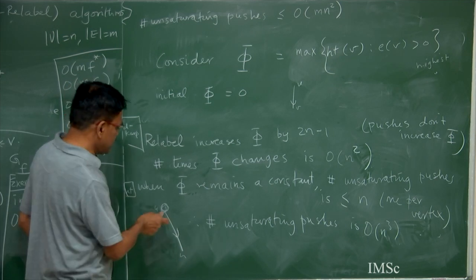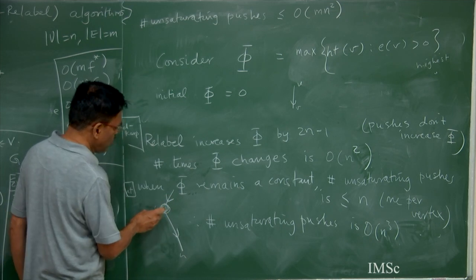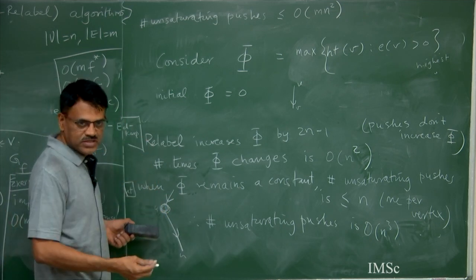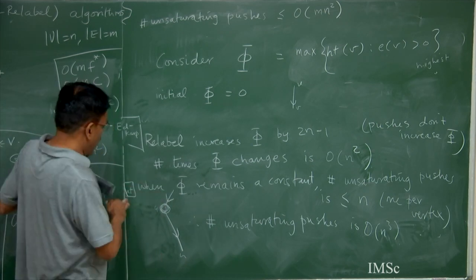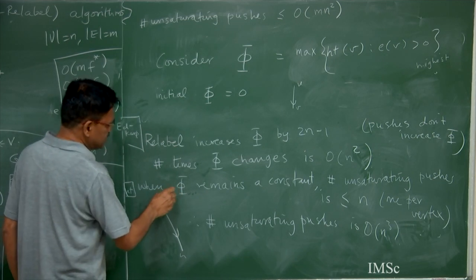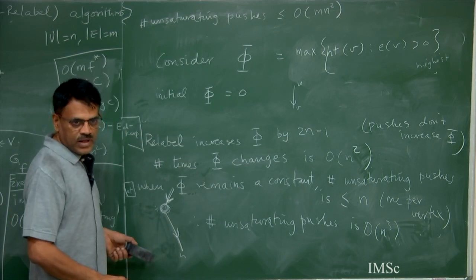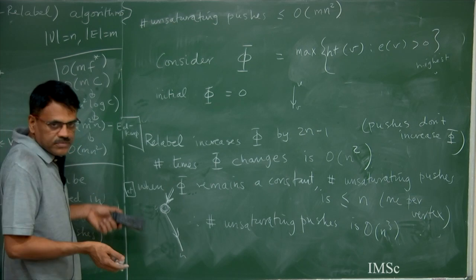Somebody else pushes to it and it gets an excess. If it is not the highest height vertex, if there is somebody else whose height is higher, while the max height remains the same, somebody else might be pushing something to it, and this guy will get an excess and may participate again. It cannot do that because this is the one with the maximum height.